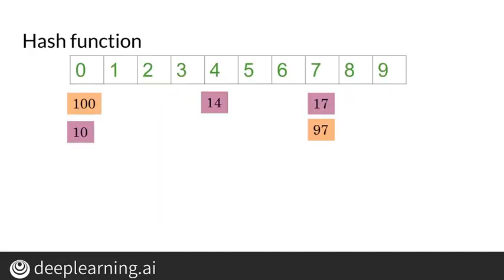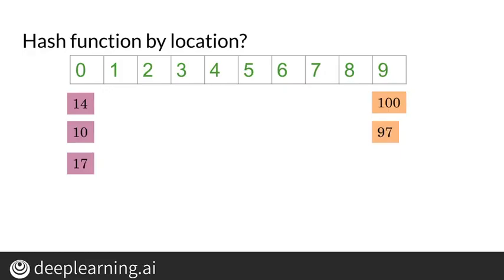Now let's take another look at this basic hash table. Recall that your original goal was to put similar word vectors into the same bucket. But here, it doesn't look like numbers that are close to each other are in the same bucket. For instance, 10, 14, and 17 are in different buckets. Ideally, you want to have a hash function that puts similar word vectors in the same bucket, like this.